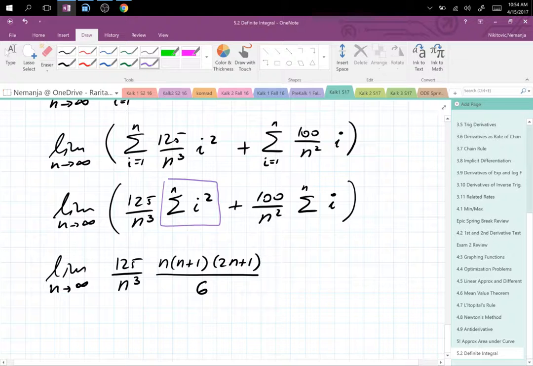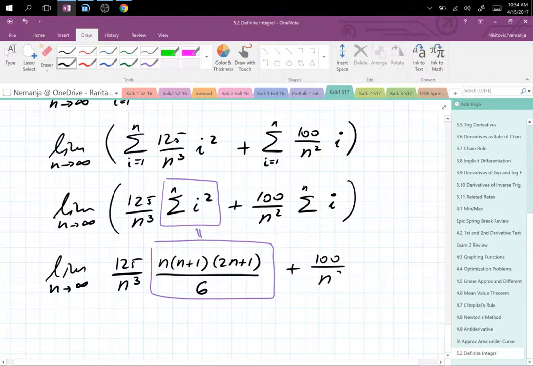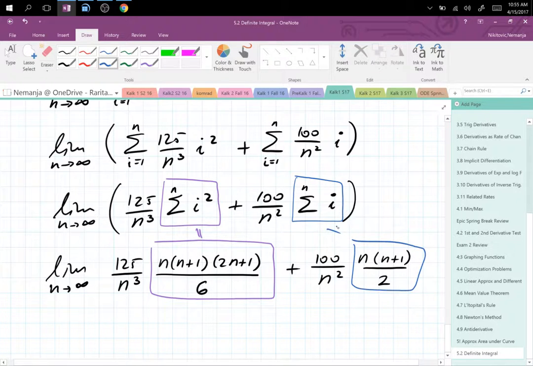So this thing is this thing. Plus 100 over n squared, and instead of summation of i I will write n times n plus 1 over 2. Let's box that in blue.